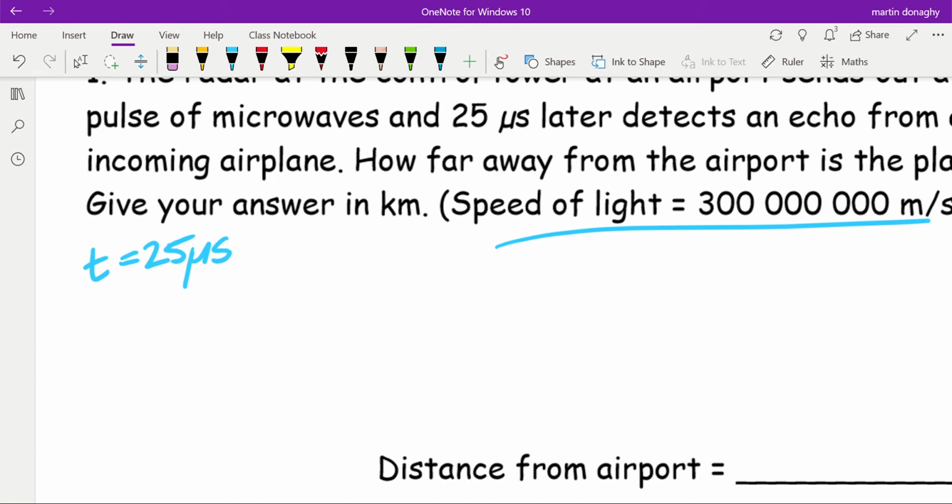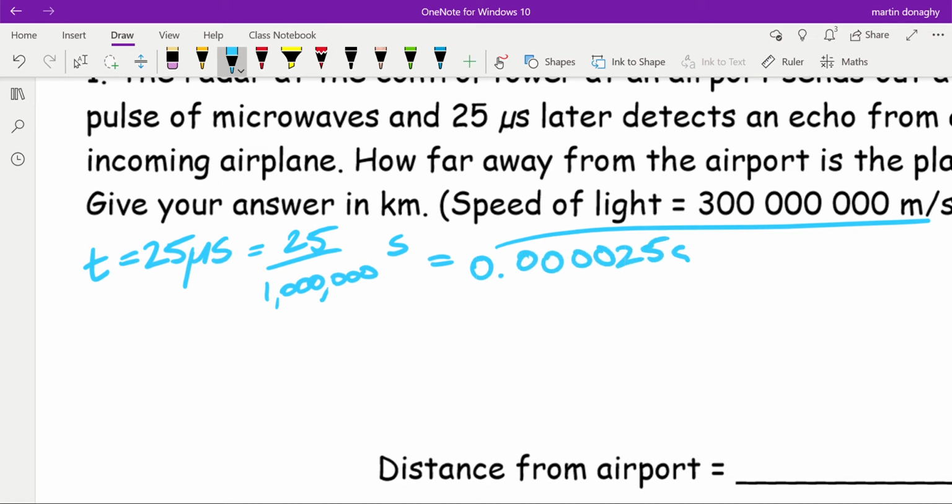If we had something in milliseconds, that would mean thousandths of seconds. What micro means is millionths of seconds. So to convert from microseconds into seconds, we have to divide 25 by 1 million, which, if we write it out in full, is 0.00025 seconds.